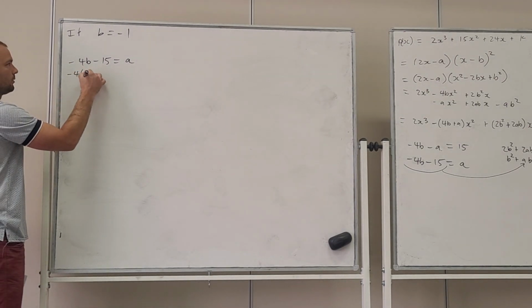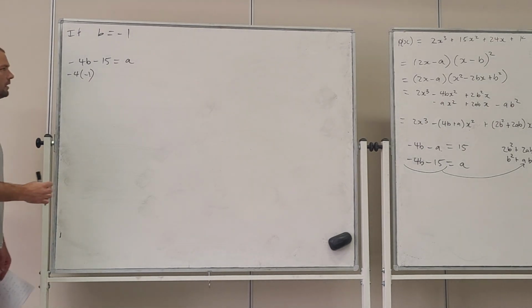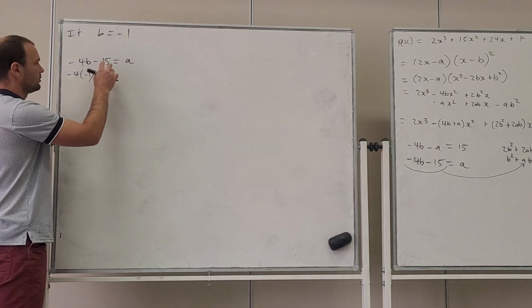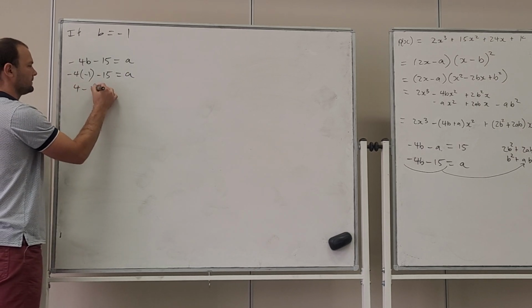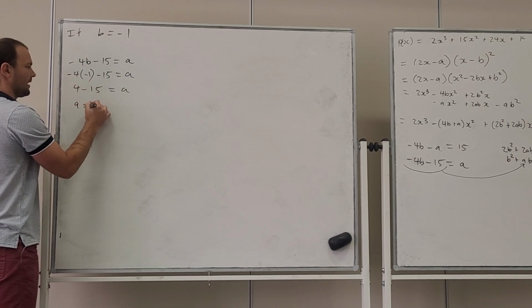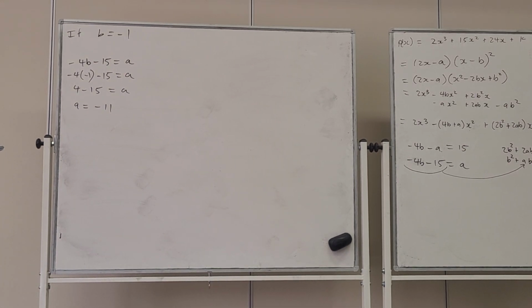We're going to have minus 4 times minus 1, take 15 is a, so we'll have 4, take 15. So we'll have a is minus 11. So if b is minus 1, then we have a is minus 11.